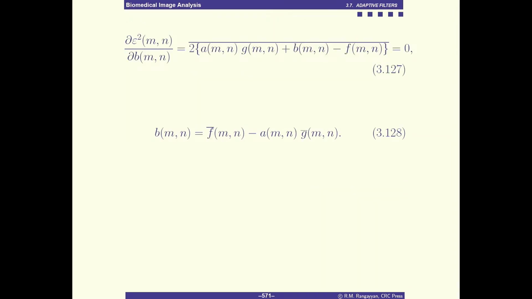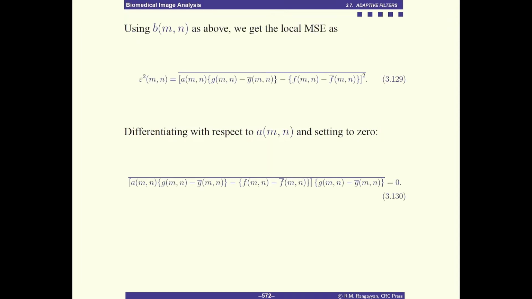So take the partial derivative with respect to B, and you get this quantity. That bar remains undefined. And then you get B is F bar minus A G bar. I won't read the Mn. And put that in, get epsilon square, differentiate with respect to A, set it to 0.